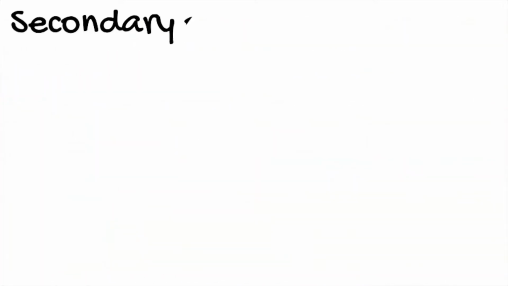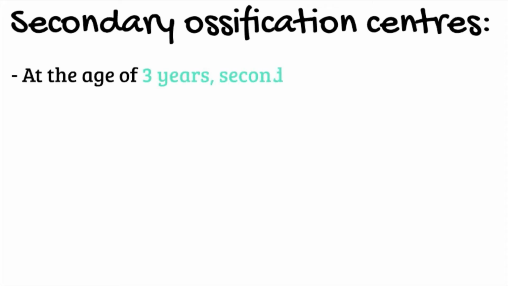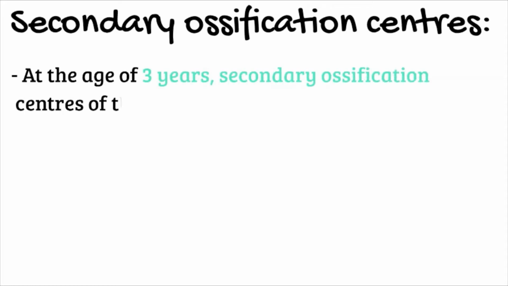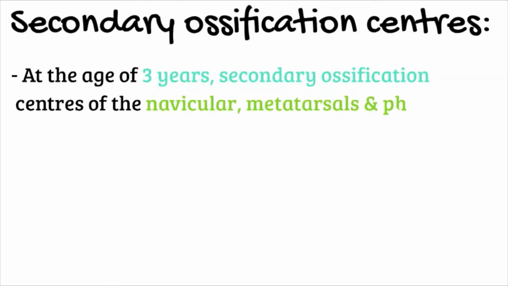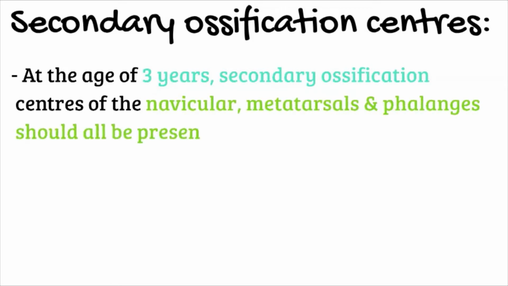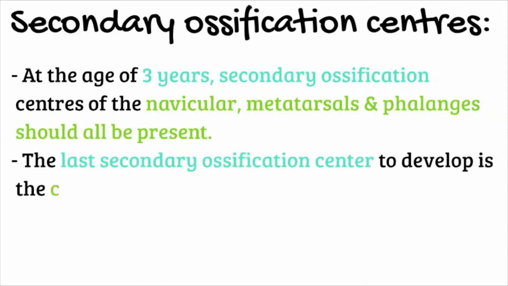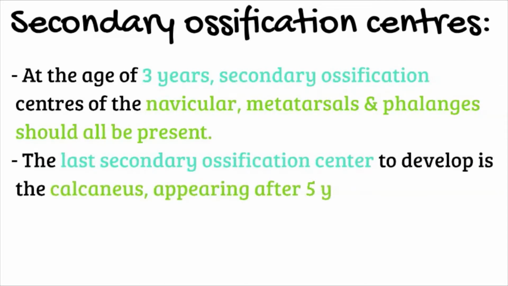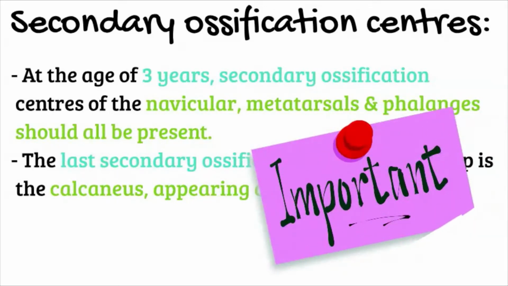Secondary ossification centers: at the age of 3 years, secondary ossification centers of the navicular, metatarsals, and phalanges should all be present. The last secondary ossification center to develop is the calcaneum, appearing at 5 years. Okay, thank you.